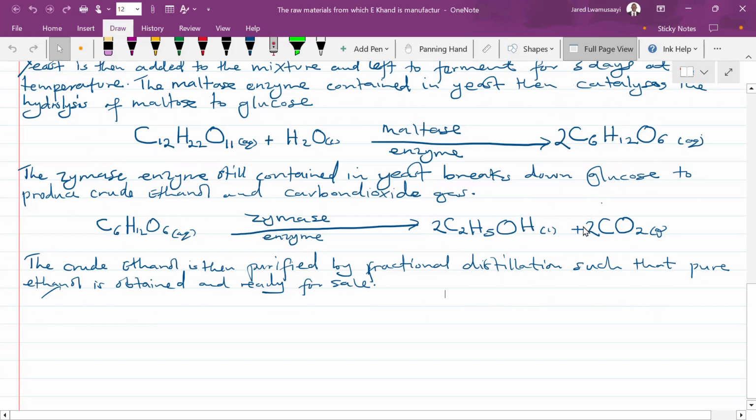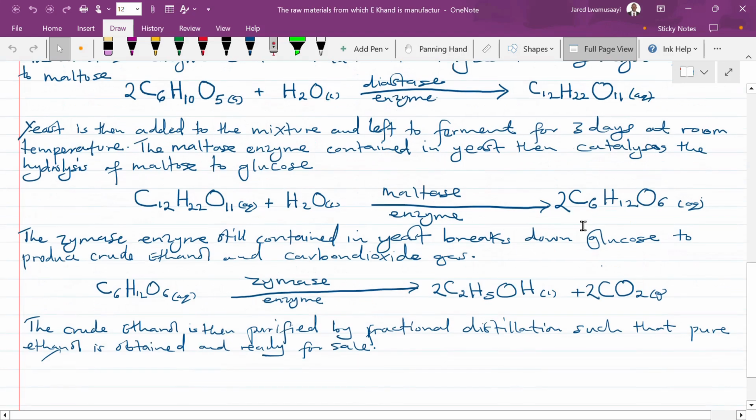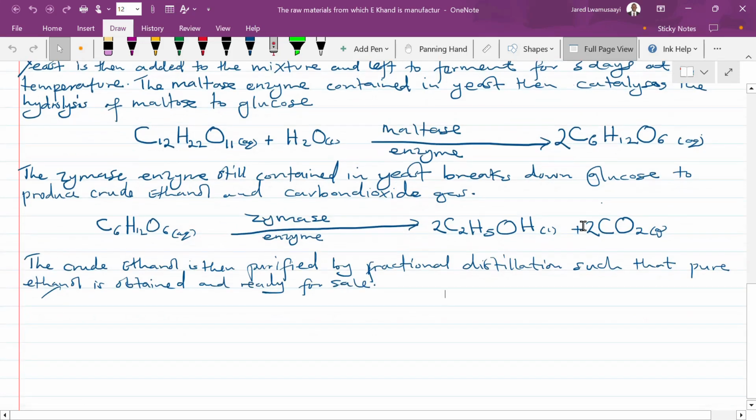So having talked about the process of production of ethanol, we can now embark on the social benefits. Remember our key points. We have to talk about the raw materials, the process of production, social benefits, and then the dangers or the side effects.